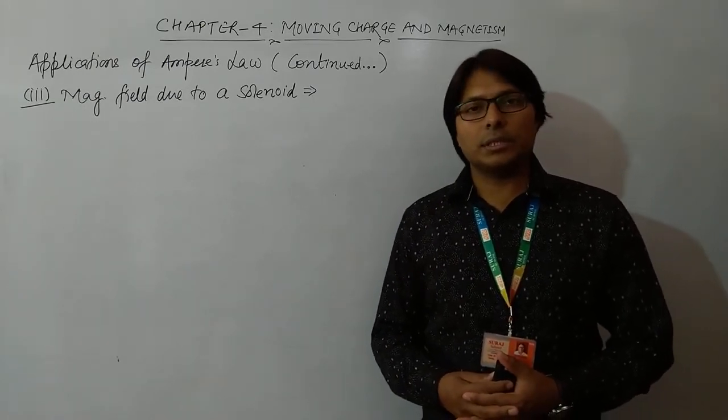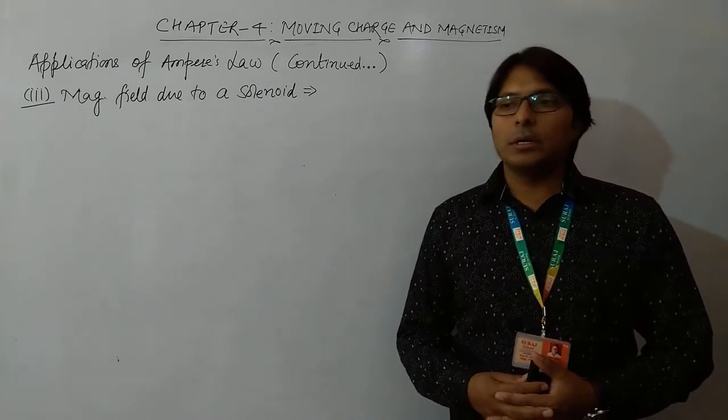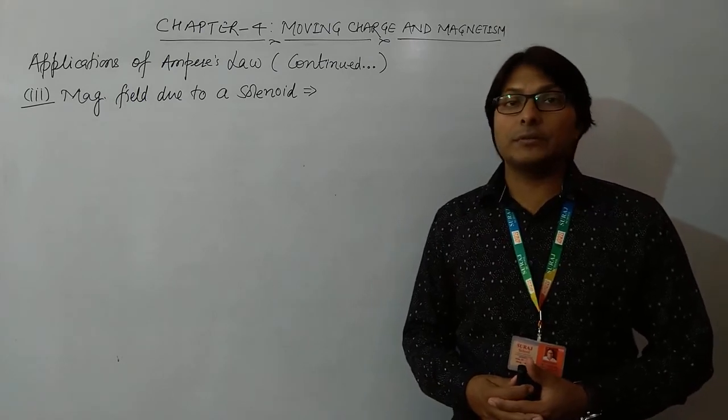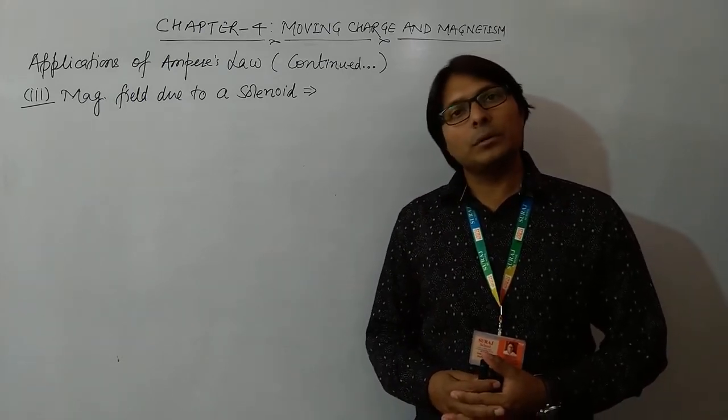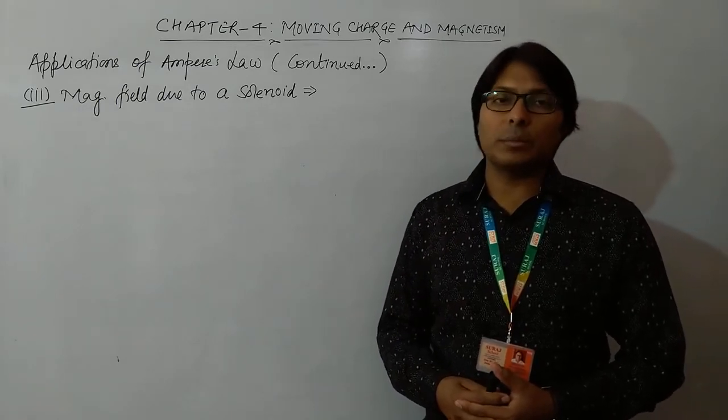Today we are going to discuss the applications of Ampere's law. As you can recall from your last lecture, we started with Ampere's law, we proved it, and also discussed its two applications.